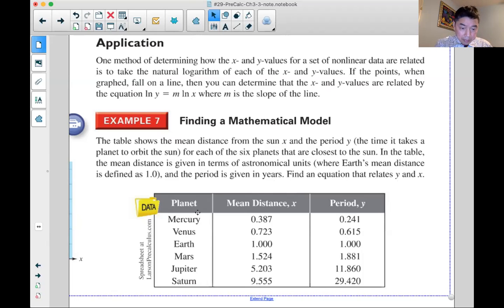What you have to do is open a TI calculator, if you have one, and convert everything to natural log.